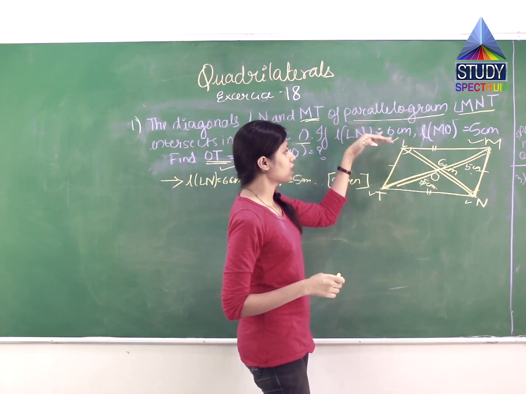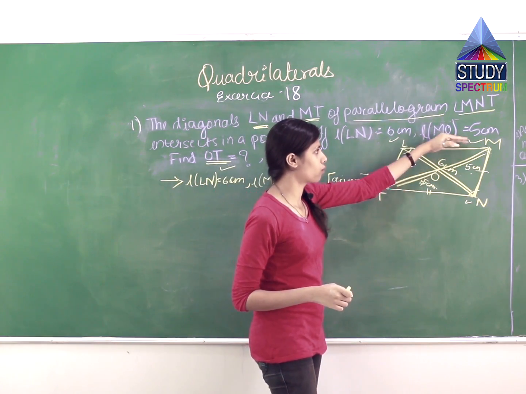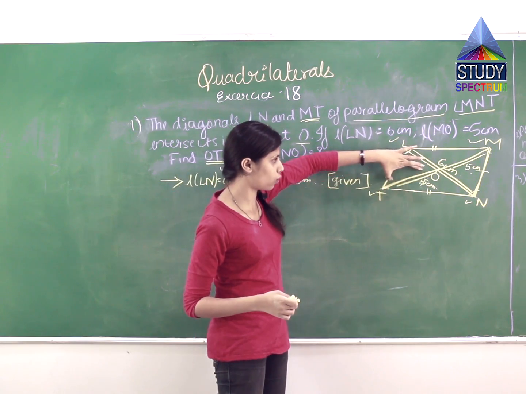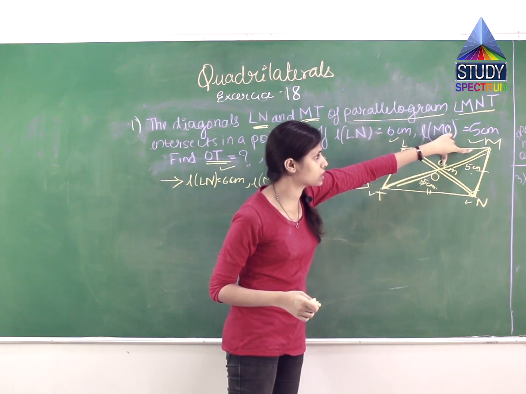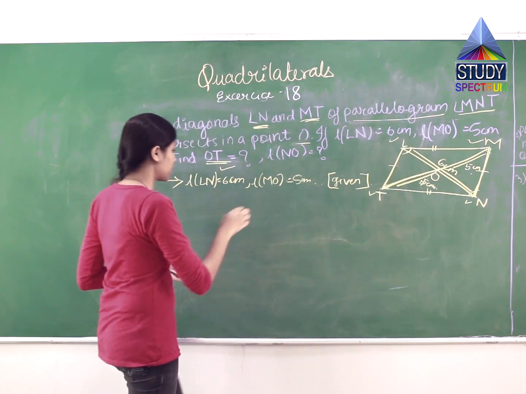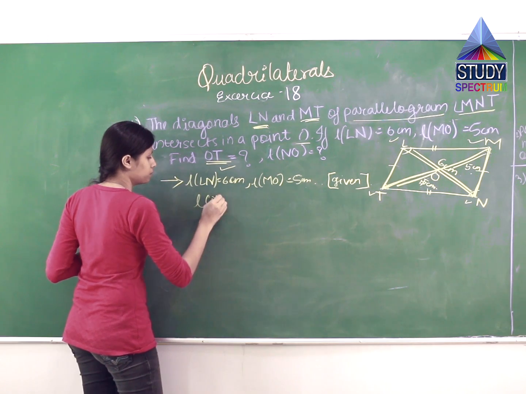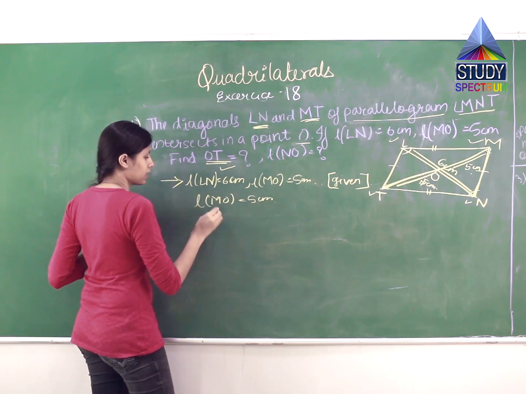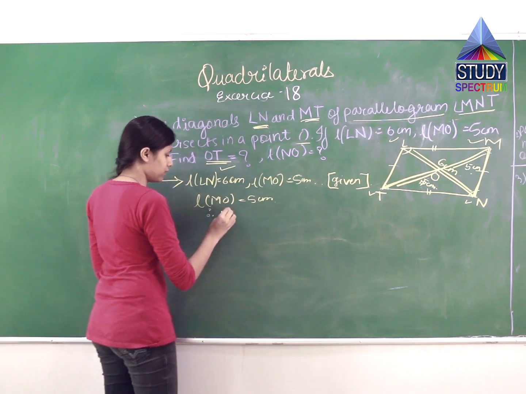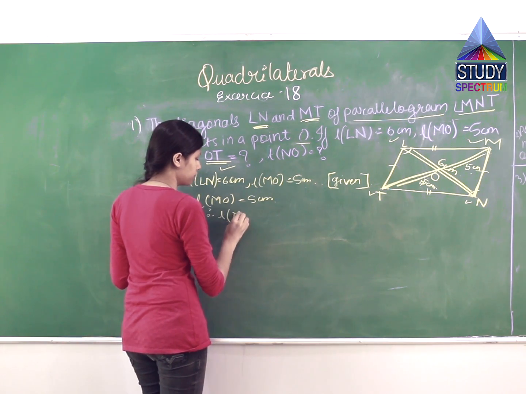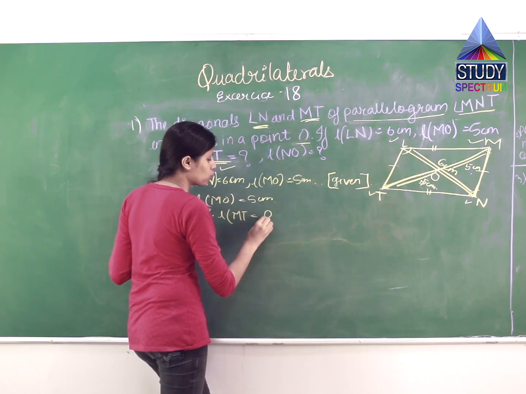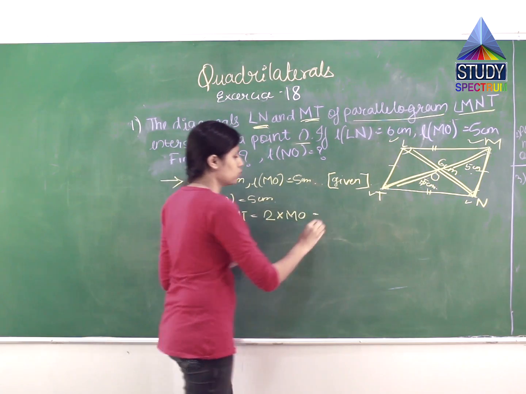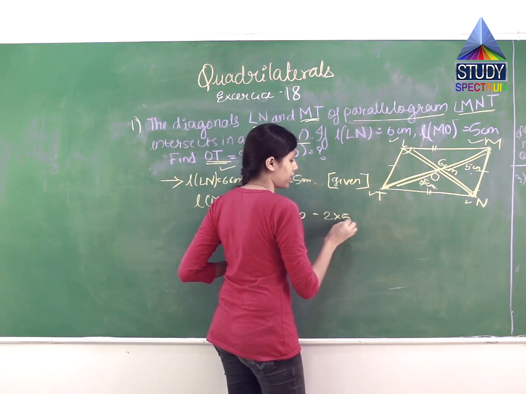So from this, the information given about MO. First they are asking about OT. So first about OT, we'll consider the information given about the MO. So we'll write length of MO is equal to 5 centimeter. Therefore, length of MT is equal to 2 into MO, which is equal to 2 into 5.